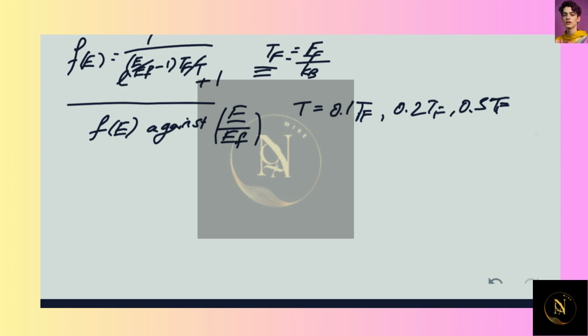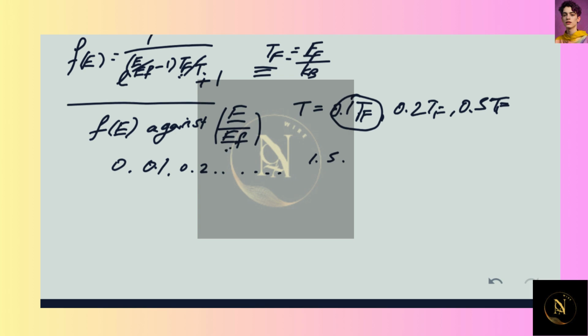To generate all these values in Excel or some spreadsheet should be quite simple. We first have to substitute these values into this expression of t, and then we go in multiple steps of maybe 0.1 for E over EF. So we start from 0, 0.1, 0.2, and so on until about 1.5.